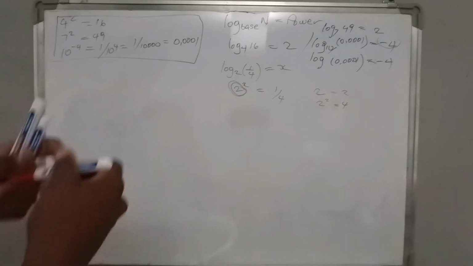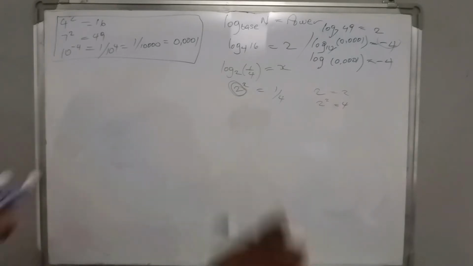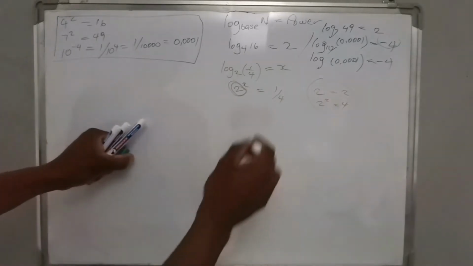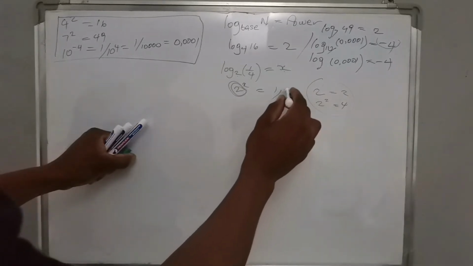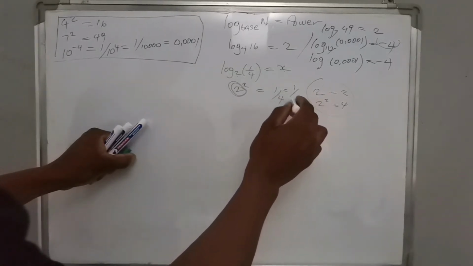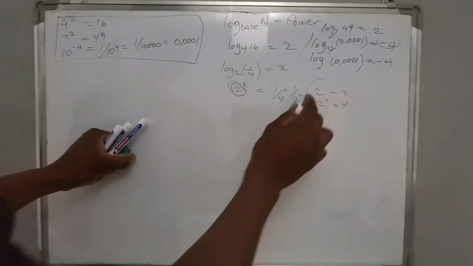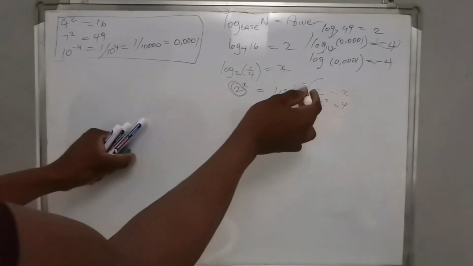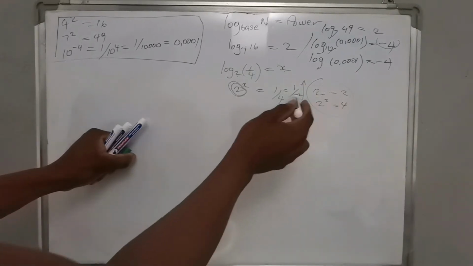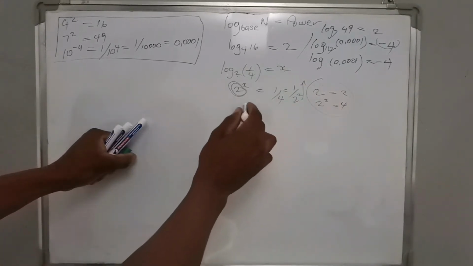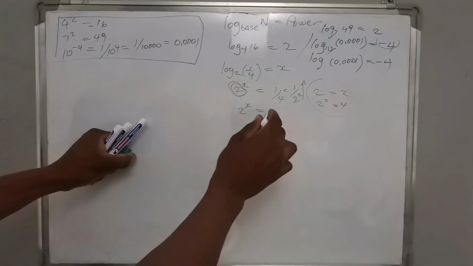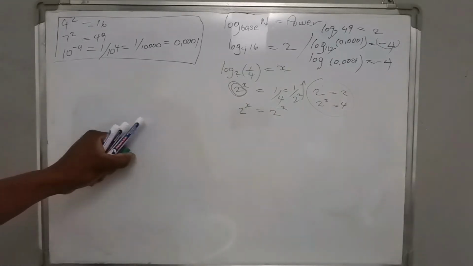So sesiyeza sizoqhubeka nesibalo sethu ngoba sesitholile ukuthi u4 singamshintsha abe u1, le fraction singayishintsha ibe u2 raised to 2. Bese simusa phezulu uzoshintsha isign abe negative. Sikufundile lokho kuma exponential. So 2 raised to minus 2.